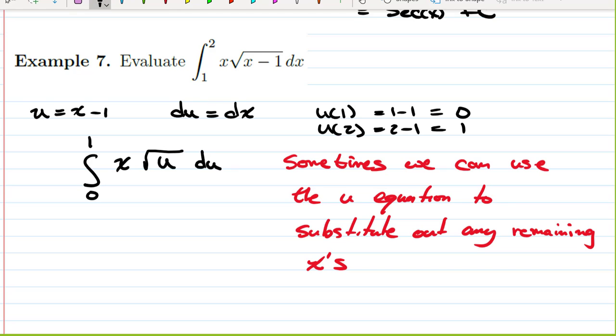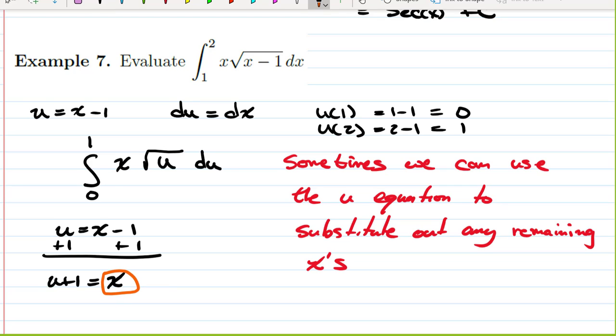So we have the equation u equals x minus 1, and if we add 1 to both sides, that gives us that u plus 1 is equal to x. So x is going to be the same as u plus 1.